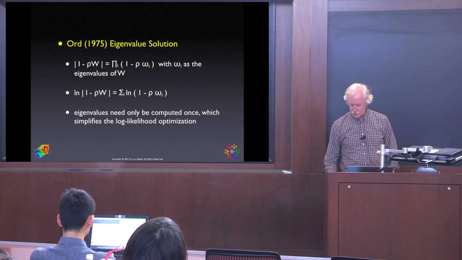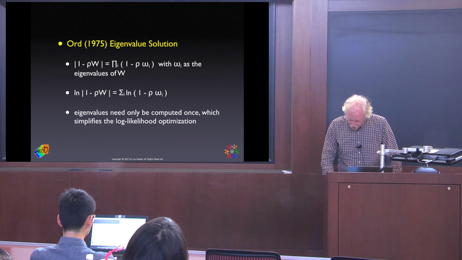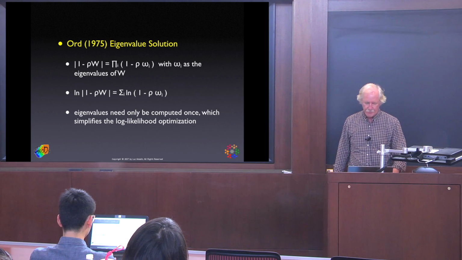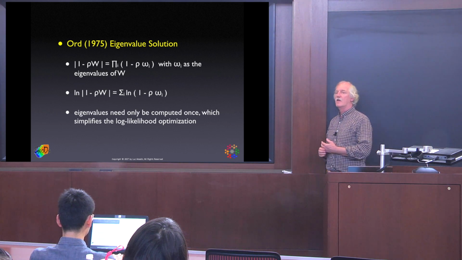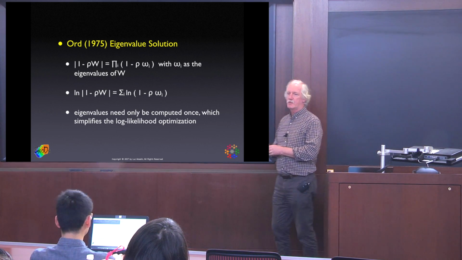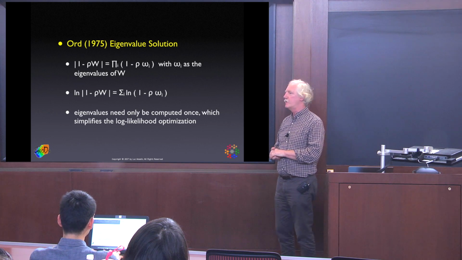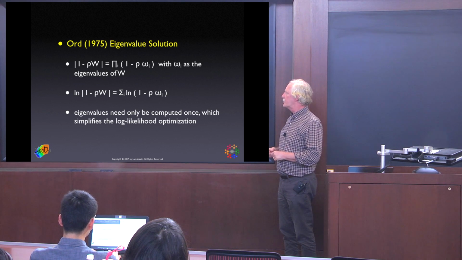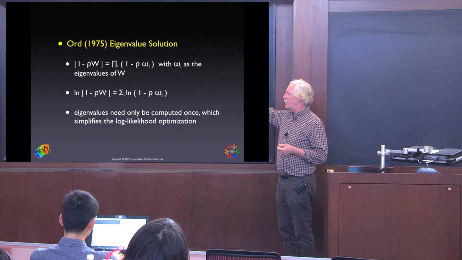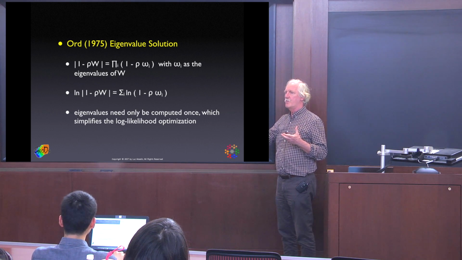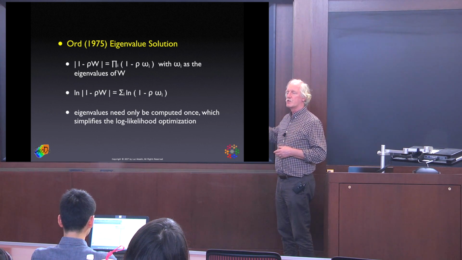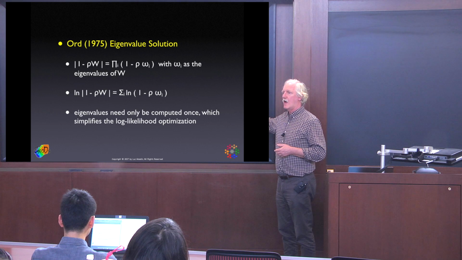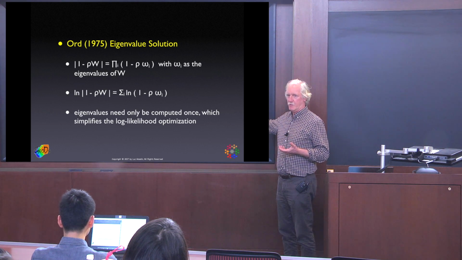One early solution that seemed very tractable, except that there's a catch, is that you can write the determinant, and if you remember some of your linear algebra, you will see this. The determinant of a matrix is the product of the eigenvalues of the matrix. That's a standard result. So if we could figure out what the eigenvalues were of this matrix, we'd be in business.